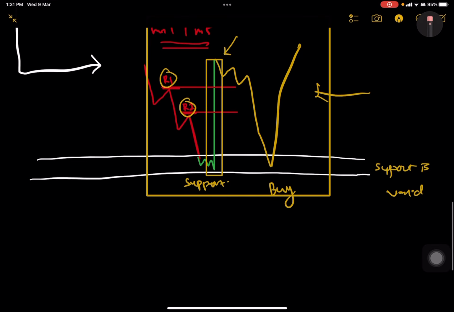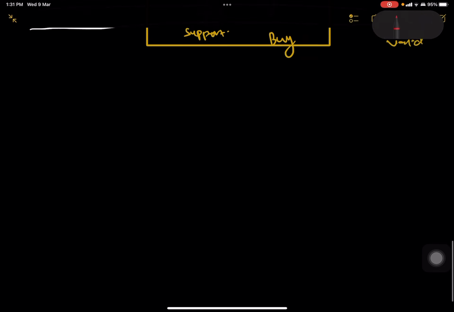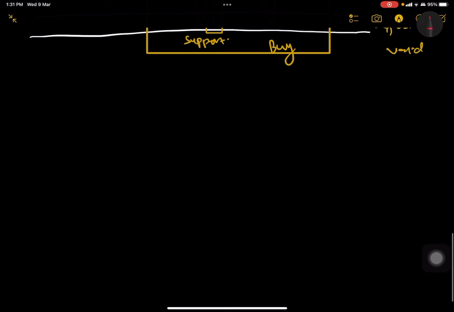Okay, so let me draw it again so you guys can remember. For a buy setup, it would look like this. Price went down and made one resistance, it went even lower, and suddenly price went down and made another resistance and goes even lower.